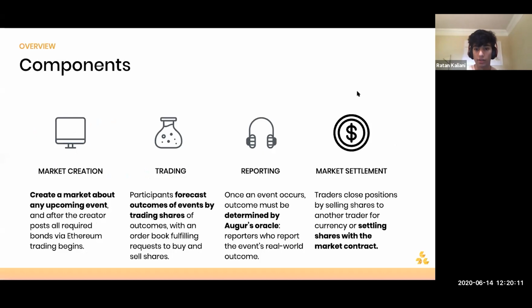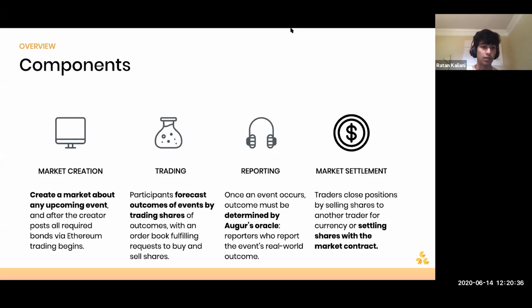Okay. So there are 4 main stages and components in the Augur prediction market platform: market creation, trading, reporting, and market settlement. Users on the platform, market creators, can create a market about any upcoming event, and they have to post bonds that are required to create the event onto Ethereum.